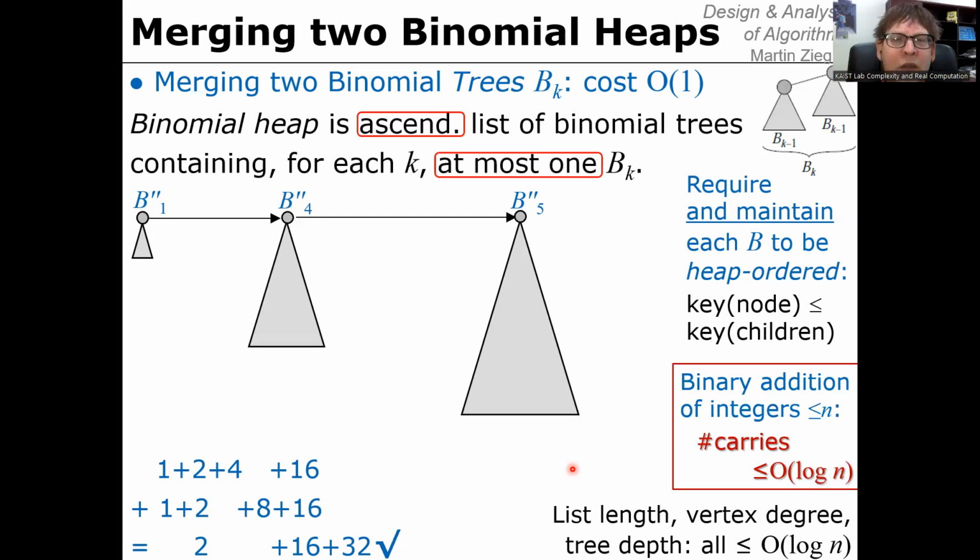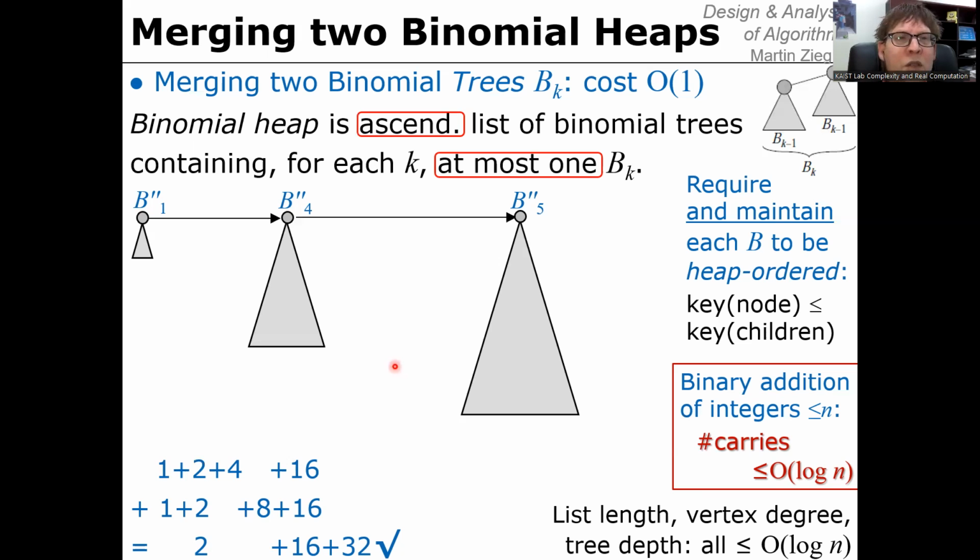The number of carries of integer addition is at most log n, where n denotes the value, not the binary length, of the integers. Similarly, the number of tree merges needed to repair the heap property when merging heaps is at most logarithmic.